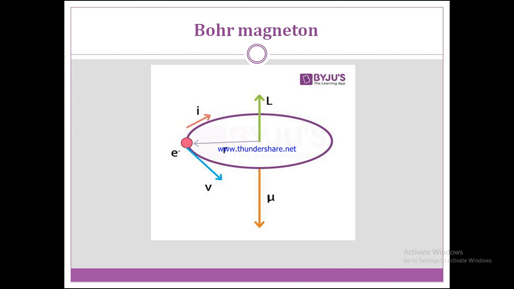Now magnetic materials have high permeability, whereas non-magnetic materials have low permeability, which is denoted by mu. Over here mu is directed in a downward direction, whereas L is indicated in an upward direction.